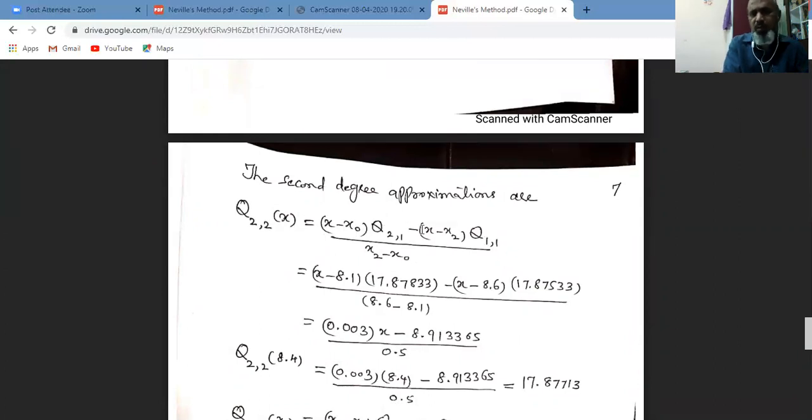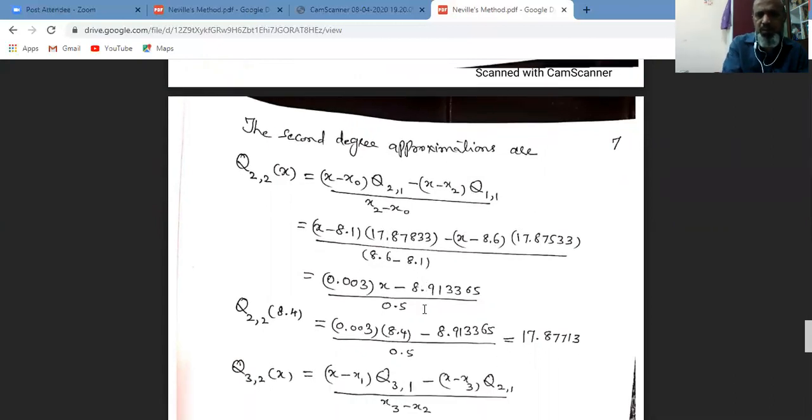Again, we know the values of x0, x2, q21 and q11 in the first degree approximations. So substituting the values, x minus x0 value is 8.1, q21 is 17.87833, x minus x2 is 8.6, q11 value is this, by 8.6 minus 8.1.